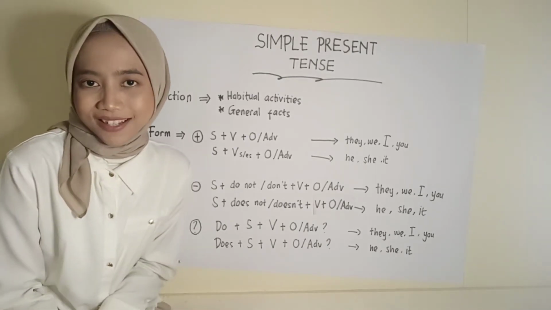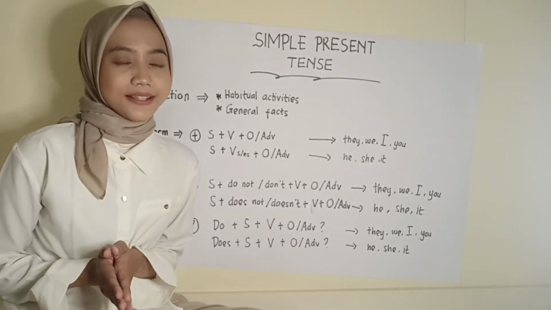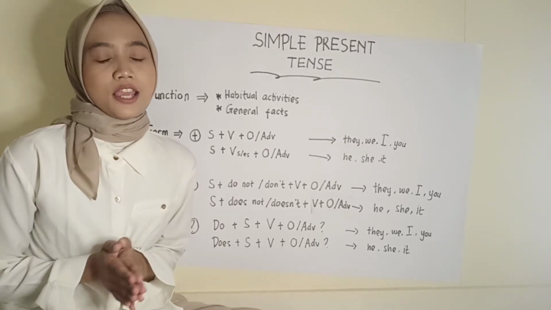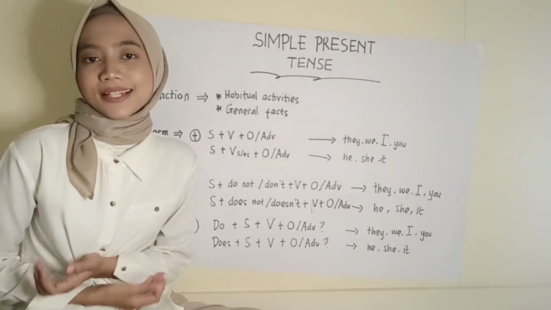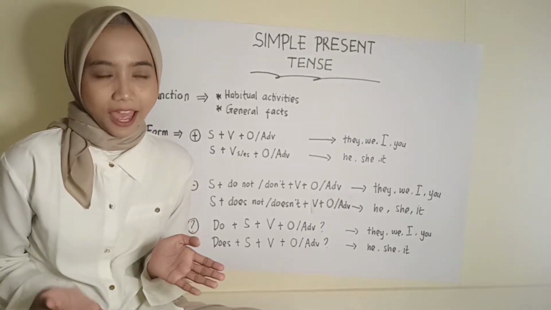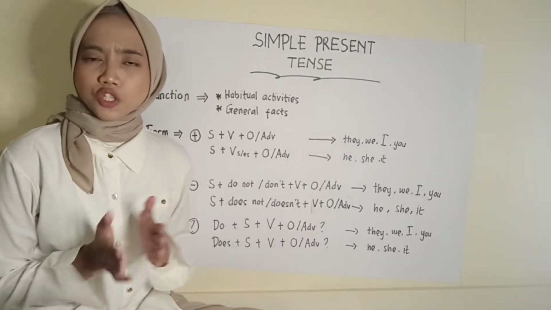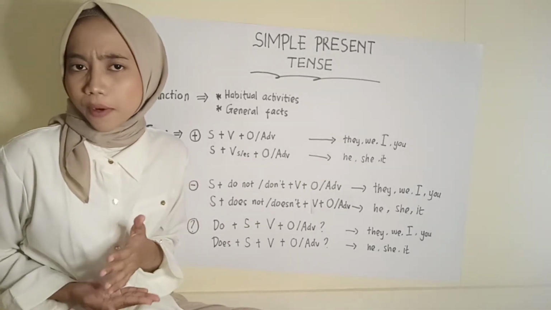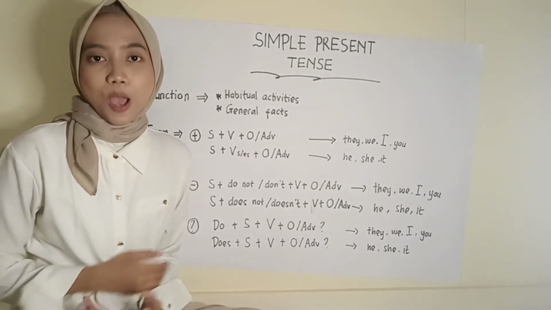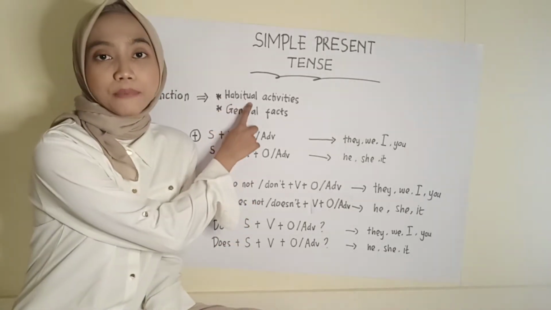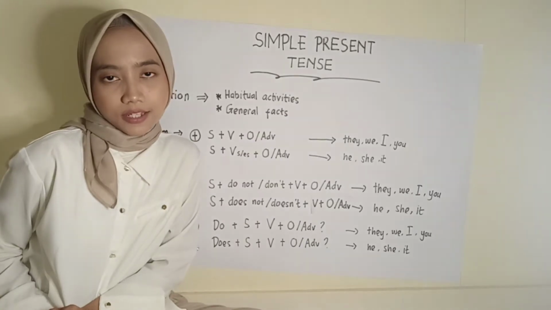So what is simple present tense? Simple present tense is a kind of tense. You know, there are so many tenses in English, right? And one of them is simple present tense. So when do we use simple present tense? We use simple present tense when we want to talk about habitual activities.